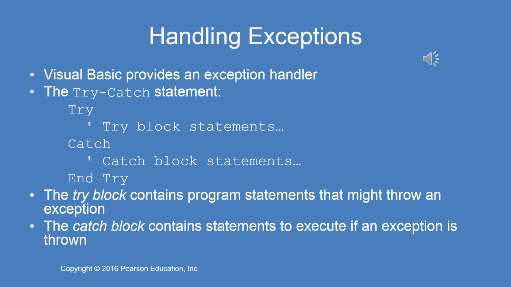And then after Catch, you have a block of statements that will execute if an exception is thrown during the Try block statements. So the code in between Try and Catch is the code that may throw an exception, may cause an error. There may be a possible divide by 0 error based upon input from the user.